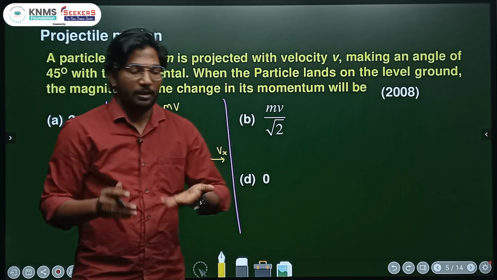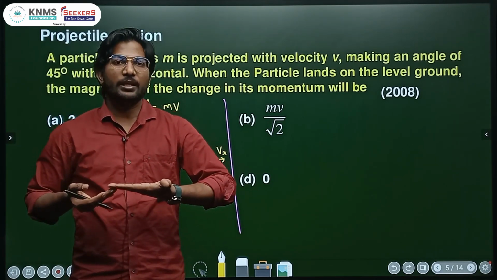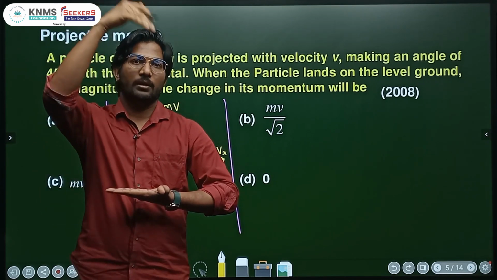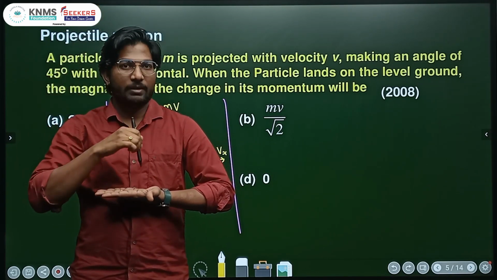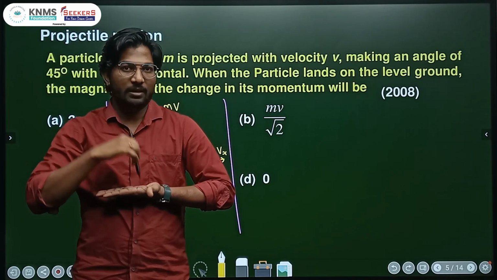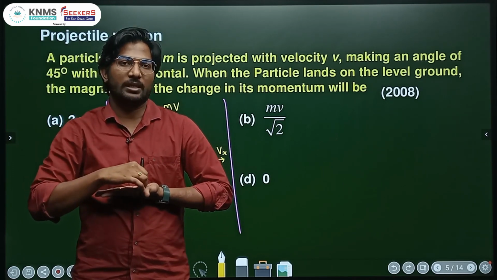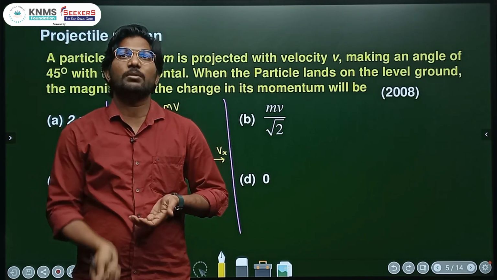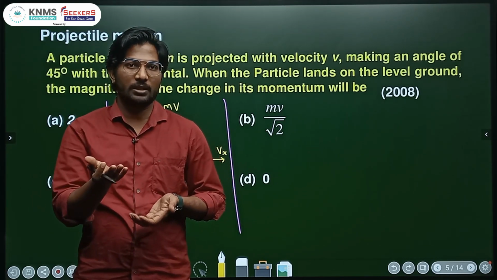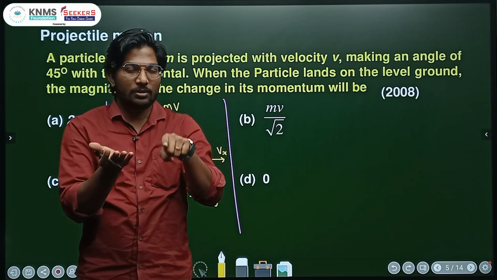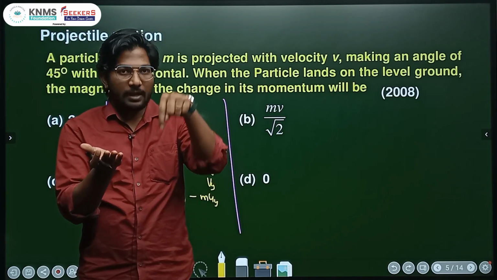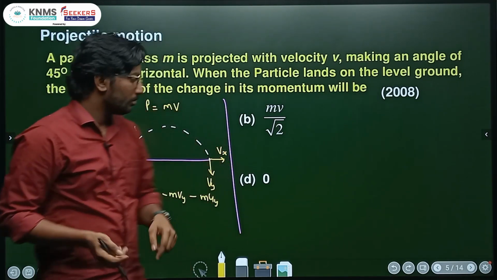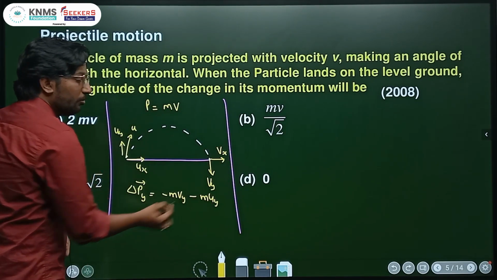In other words, from the same level, if you project an object upwards vertically with 10 meter per second, it will go up and come back such that when it reaches the same level, it will also have 10 meter per second velocity, but downwards. So vy and uy magnitudes can be the same.